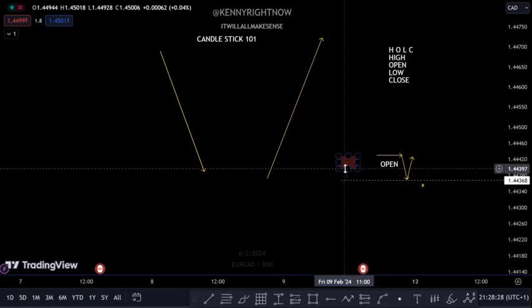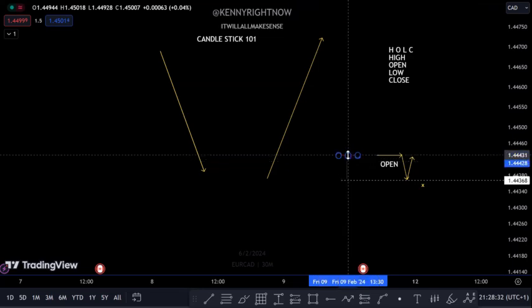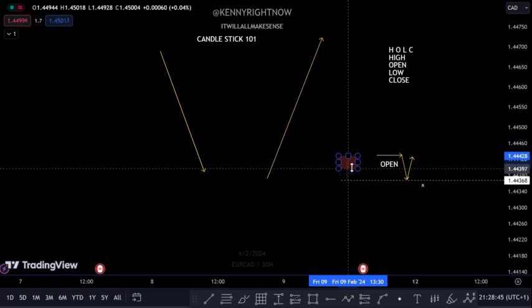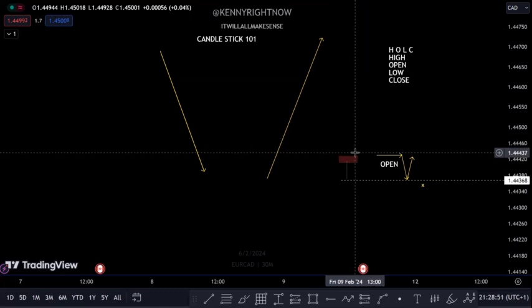Now remember what I did. Price from the open right here started selling, down to this area. Now this is the last place the candle got to. From that area, price starts pulling back up. Remember, it's still bearish, right? Because it's below the open.